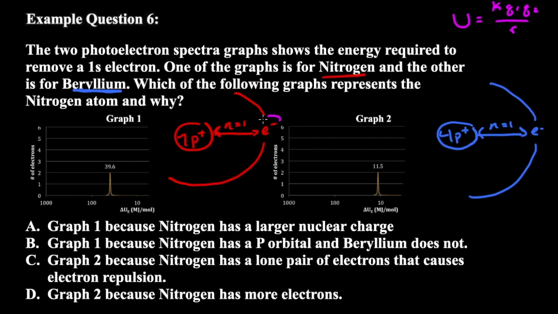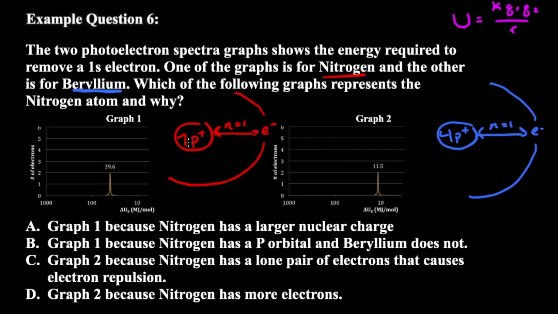Because we're removing 1 electron here and 1 electron here, each of these electrons has the same charge, so this Q1 can represent the charge of 1 electron. The difference would be this Q2. For nitrogen, 7 protons will be the Q2, and over here, the 4 protons will be the Q2 in this equation.